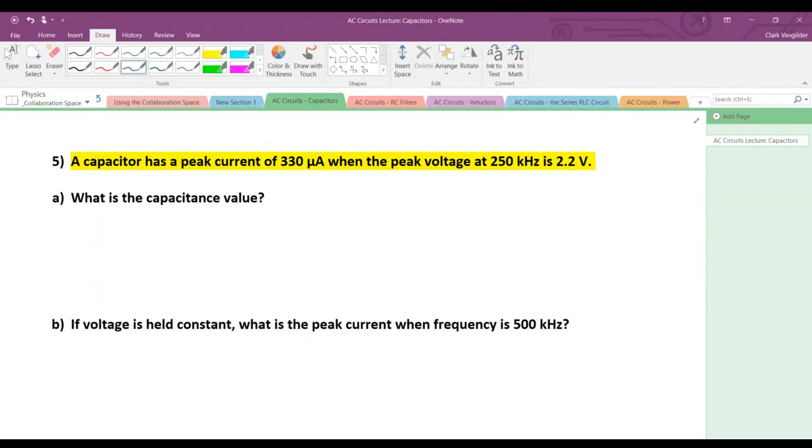So again, just rehashing all of this, we're going to have IC equals 2 pi f CV, which means capacitance is IC over 2 pi f VC. So we're really just doing the same thing we did a minute ago.